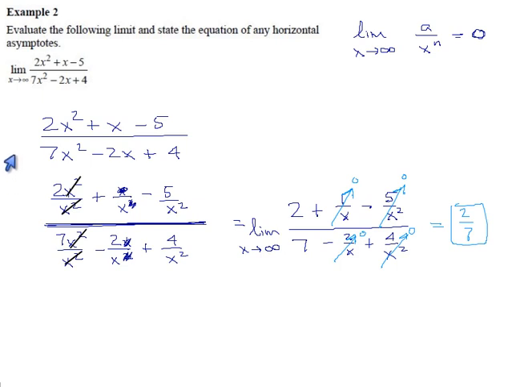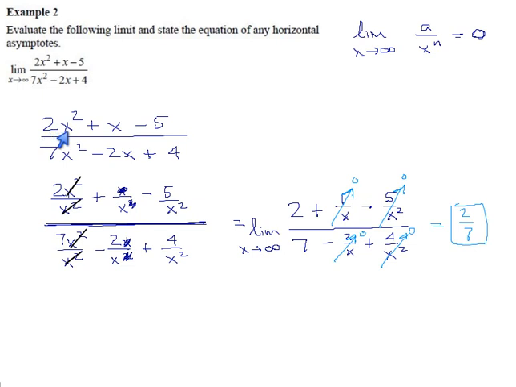This is the formal way of solving this, but let's go back to the original. Could we have seen that coming earlier? Yeah, we can. When you have an expression like this, as x gets very big, the highest powers of x take over, and all these lesser powers of x can't keep up. They get left behind. Imagine if x is 1,000, then here we'd have 2 times 1,000,000 plus 1,000 minus 5.